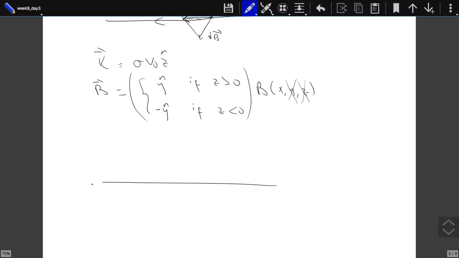So this was our K. K is into the screen. So let's just imagine, we have to imagine a closed loop. We know that it can depend on the x coordinate. So let's choose a loop which has a constant x, almost a constant x. So let's choose this loop.